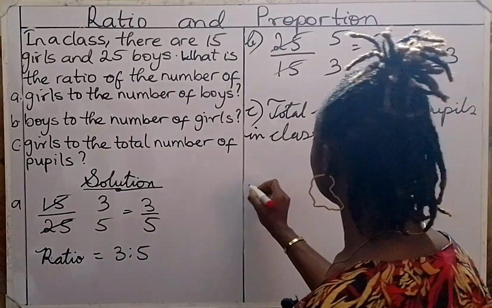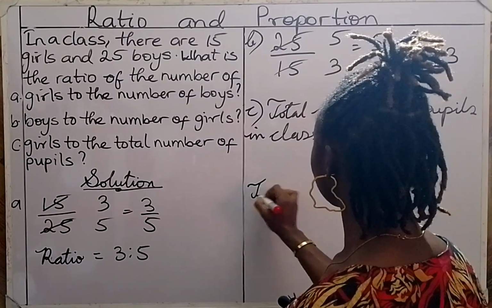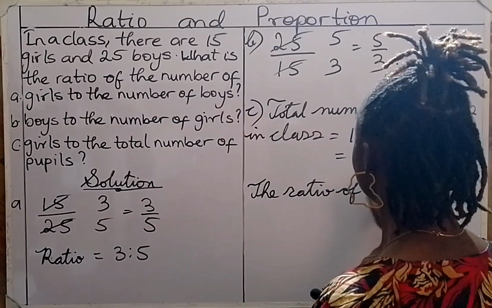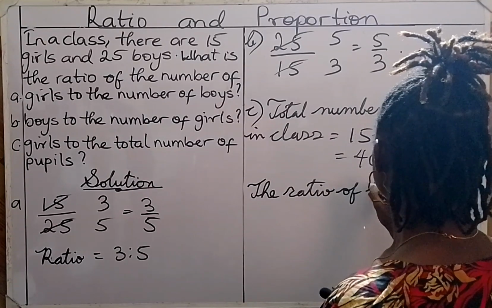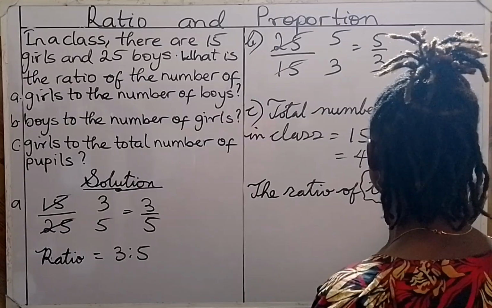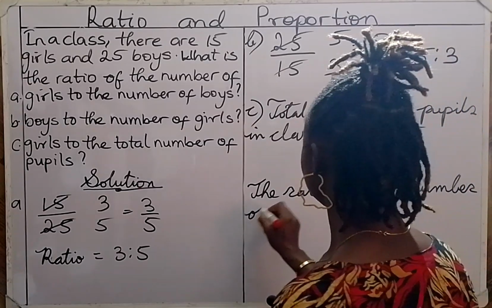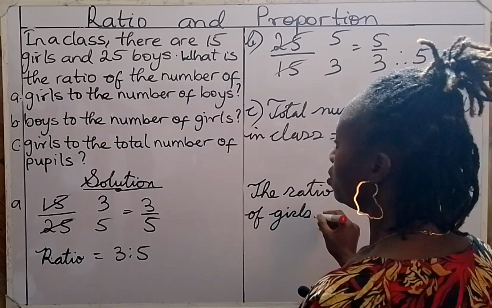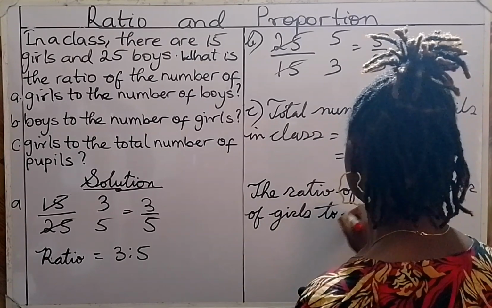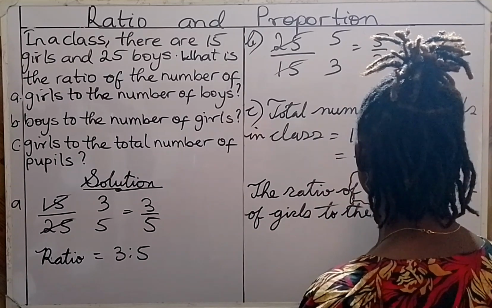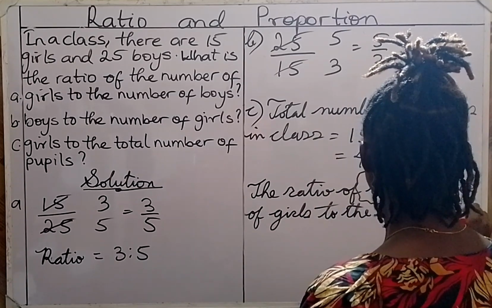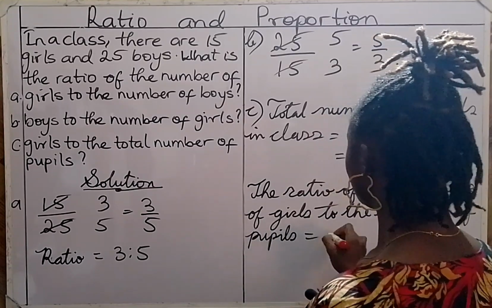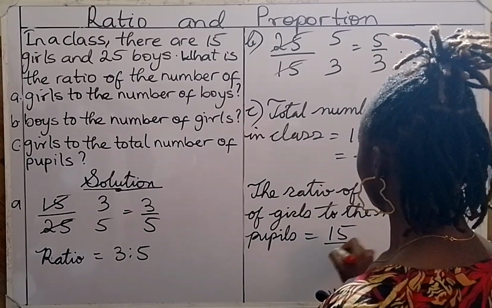Now, the ratio of the number of girls to the number of pupils equals what? 15 over 40.